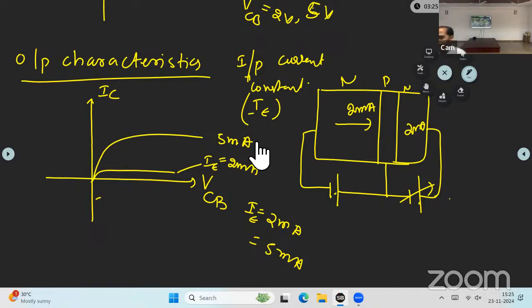If you increase IE to 50 milliamps, you will get the collector current also 50 milliamps, constant. 50 milliamps or less than 50 milliamps only, that will give the constant current. So these are the output characteristics.